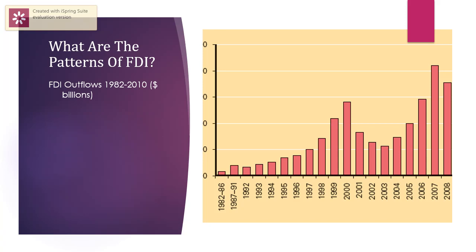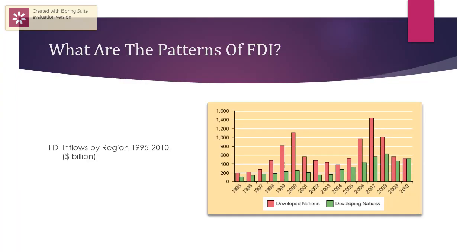As you can see in this graph, over the years there has been increasing trend in the FDI's outflows. The FDI pattern of inflow from 1995 to 2010 is presented over here, and the comparison of developed nations as well as developing countries.